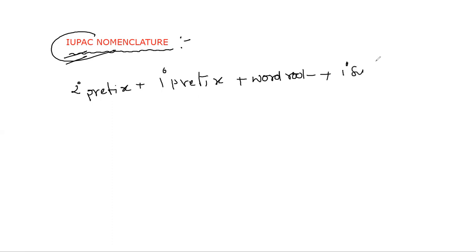Generally, an organic compound contains a secondary prefix, plus a primary prefix, plus a word root, plus a primary suffix, plus a secondary suffix.